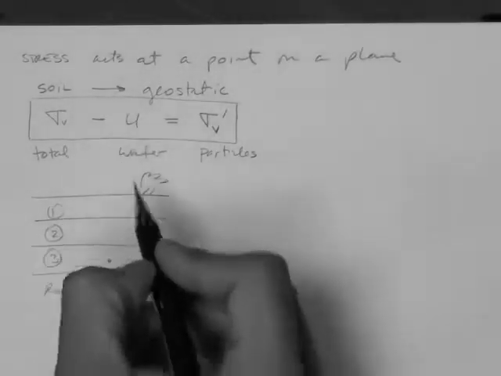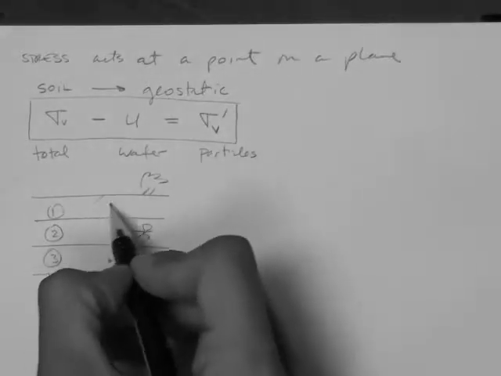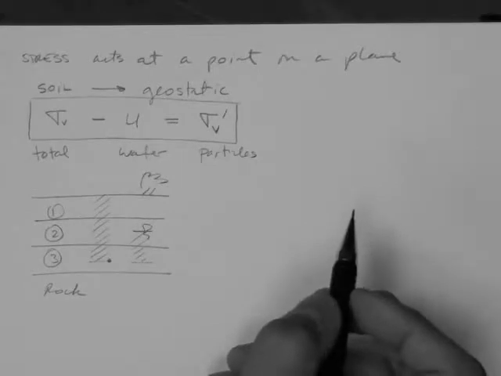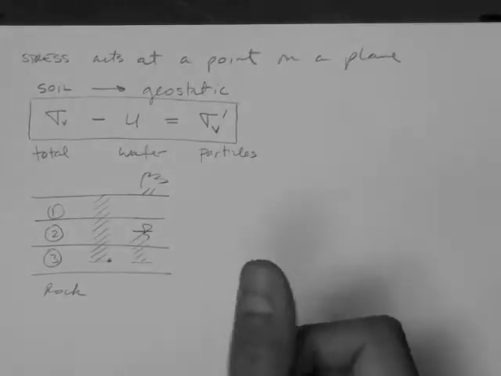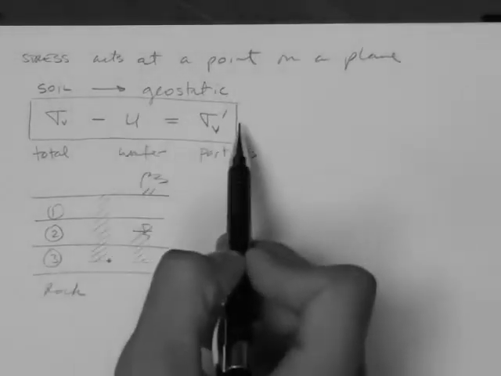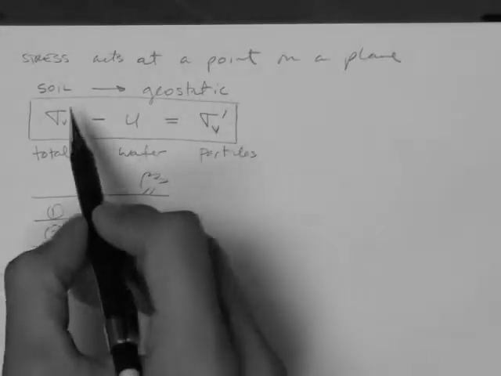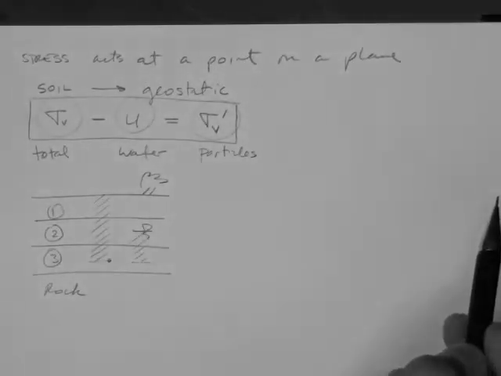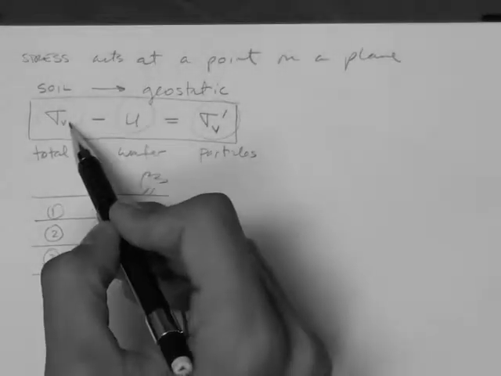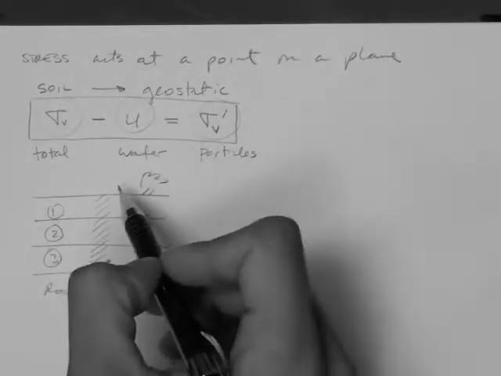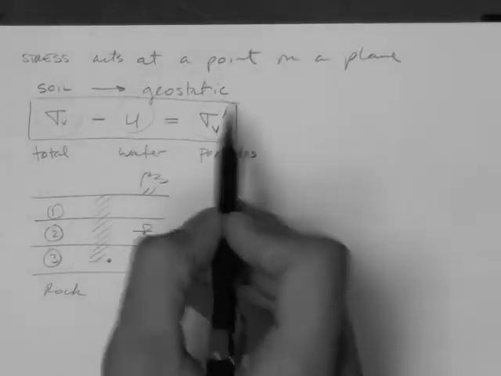And for sigma V and sigma V prime, we consider the soil above the point. Then we do the calculations we had before. We first calculate this one, then this one, and then finally this one. You can calculate the U before the total stress, but typically it's in this order.